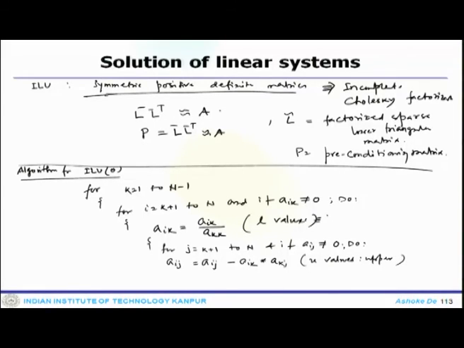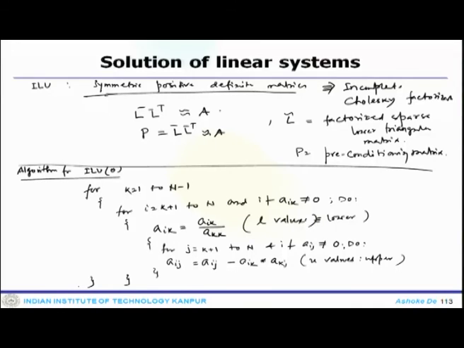That brings the closure of this loop, and then you close back this loop, and finally you close down the third one. So, that is essentially the ILU 0 decomposition algorithm which you can use.